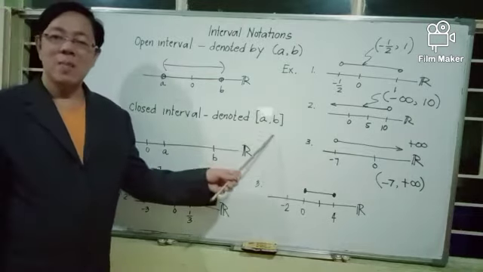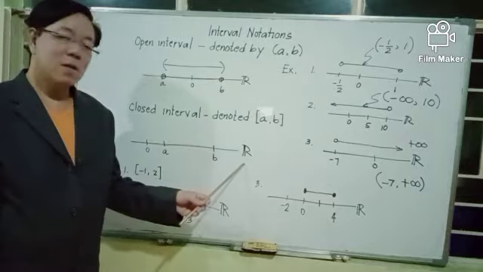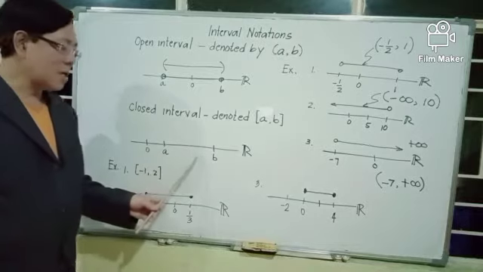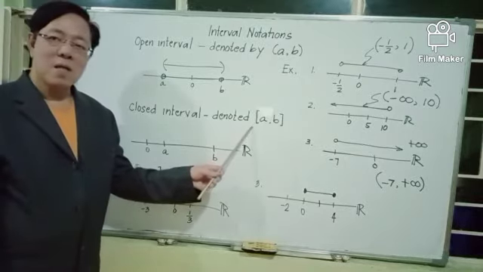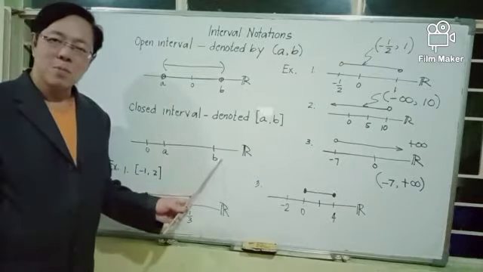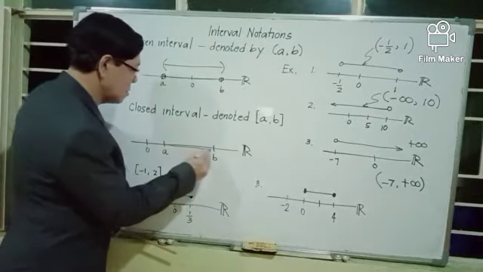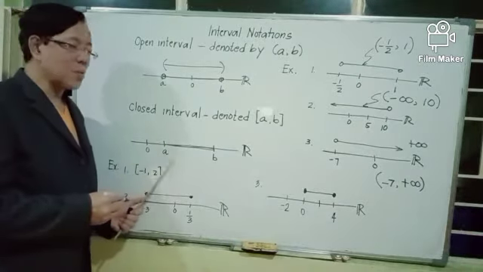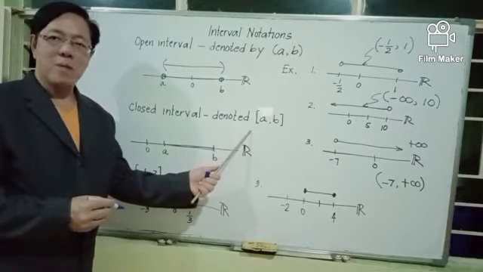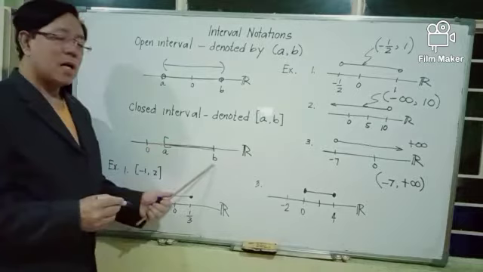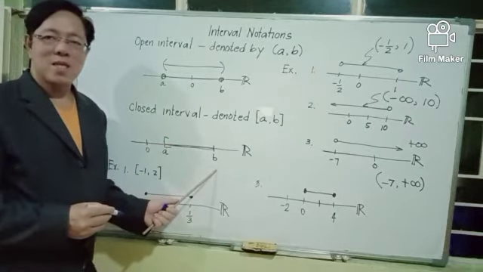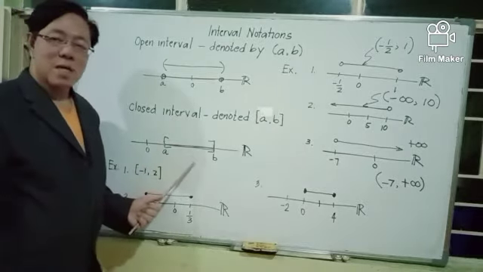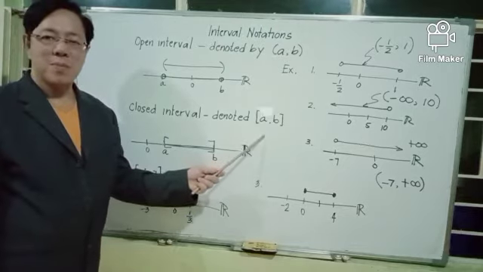We locate the real numbers A and B in the real line, the set of real numbers denoted by capital R. Suppose these are the real numbers A and B. The closed interval is the set of real numbers from A to B, including A, which we indicate by an open bracket, and including B, or the right endpoint, which we indicate by the closed bracket. This is the diagrammatic representation of the closed interval AB.